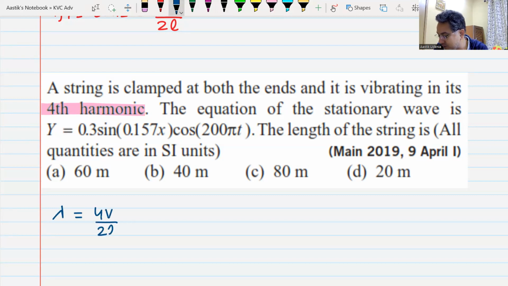String is fixed at both ends. Do we remember string fixed at both ends? Sorry, I had written V, it is the frequency. What is the lambda for the fourth harmonic for this string?